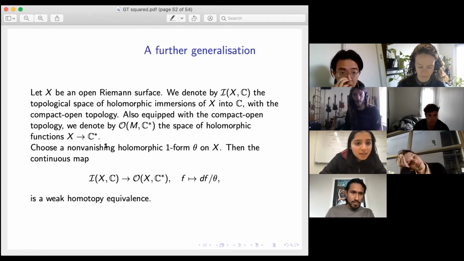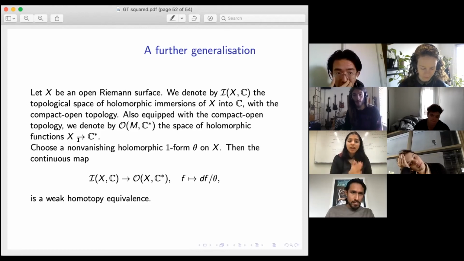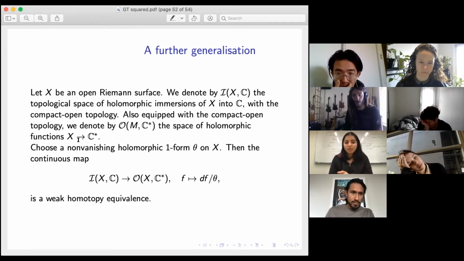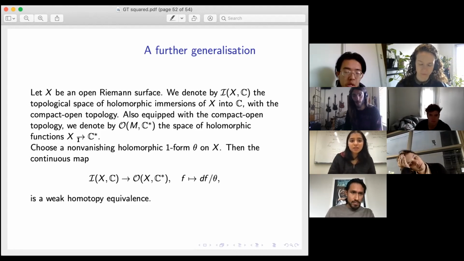Basically, this fits naturally into two contexts. You can view that as a holomorphic analog of the strong Whitney-Graustein theorem, or you can view it as a parametrization of the Gunning-Narasimhan theorem, which is the basic h-principle for holomorphic immersions of open Riemann surfaces. So this is what I did.